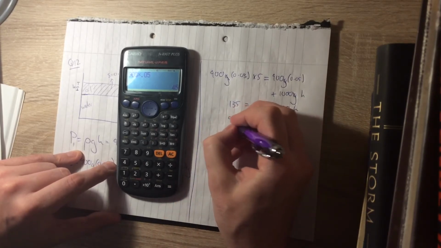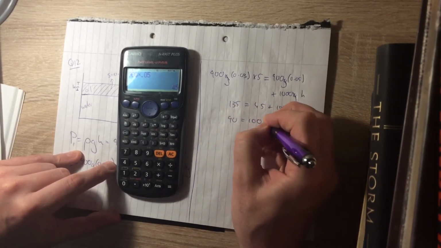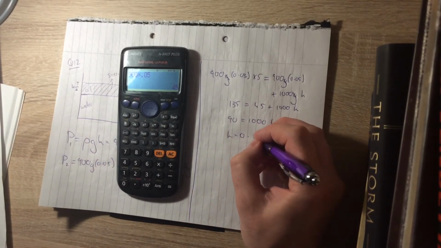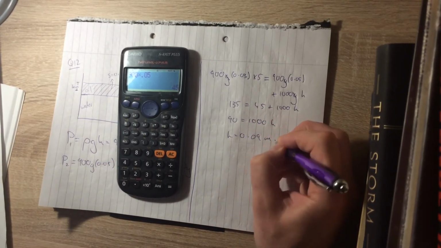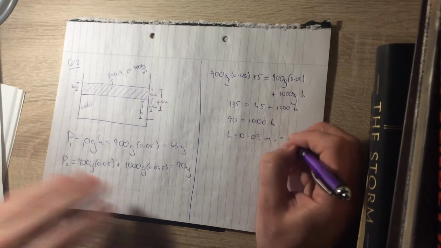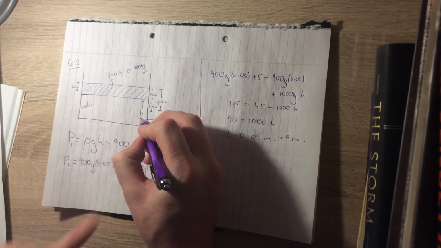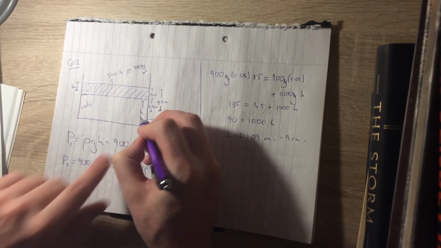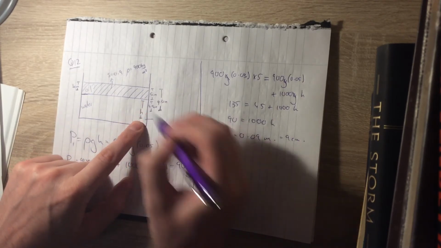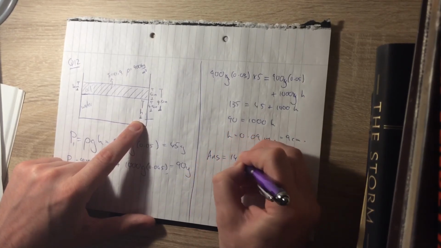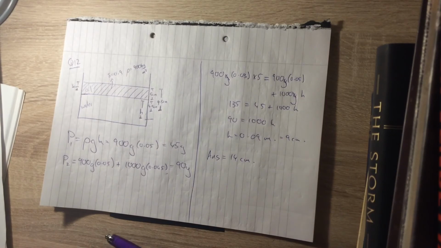Well, moving that over, we get 90 equals 1000 h, and h equals 0.09 meters, okay, which is 9 centimeters. That's that height. The question was at what depth from the top, so you have to add on that original 5 centimeters, so your answer is 14 centimeters from the top.